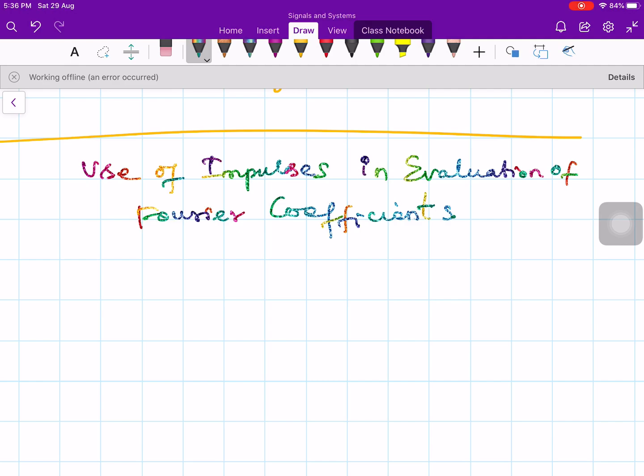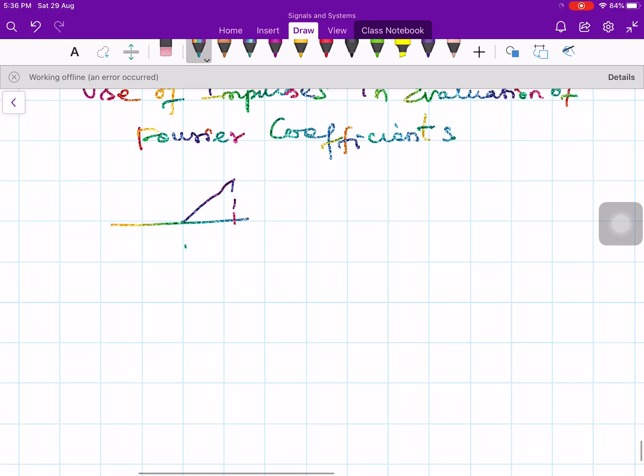Just to recall from the previous couple of lectures, if you have a triangular wave like this, and if you differentiate, you will get a square pulse like this. What is the magnitude of the square pulse? Let's say A. This A is nothing but the slope.